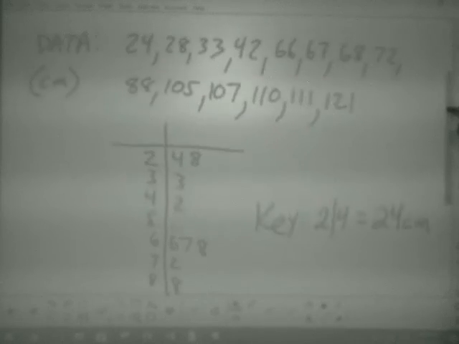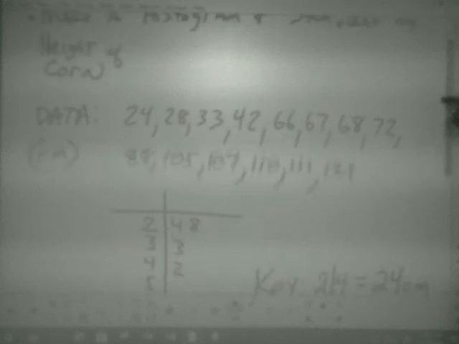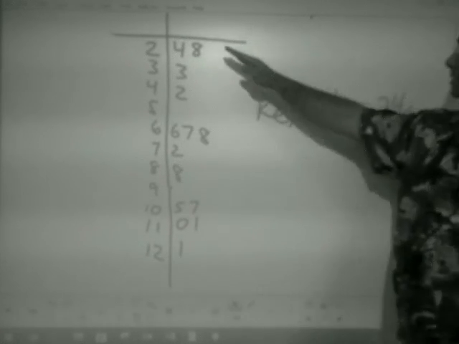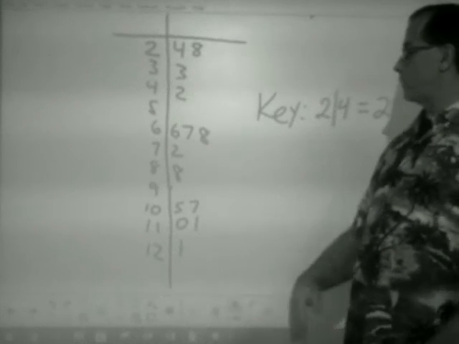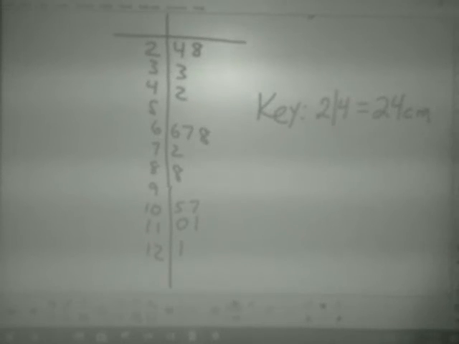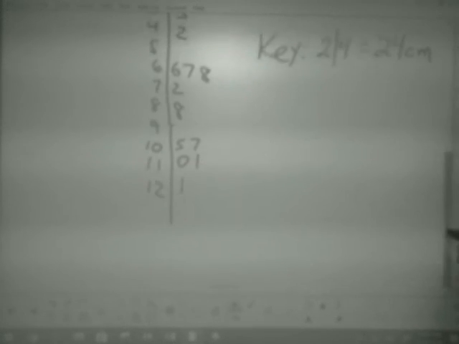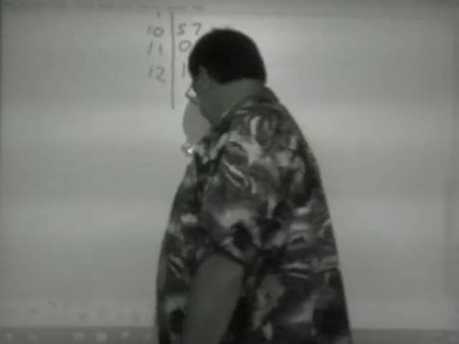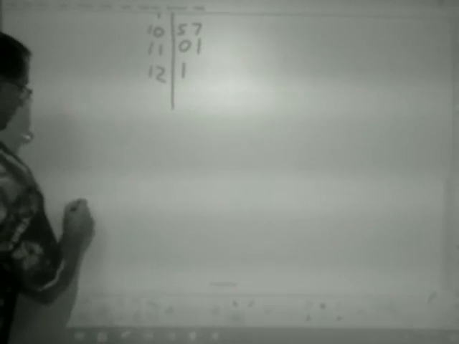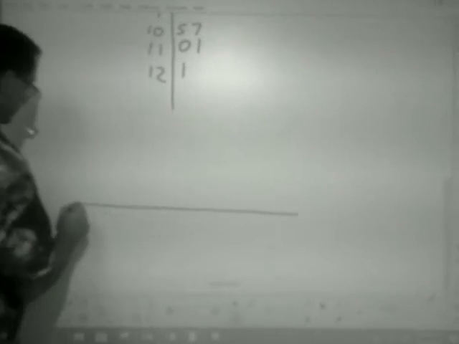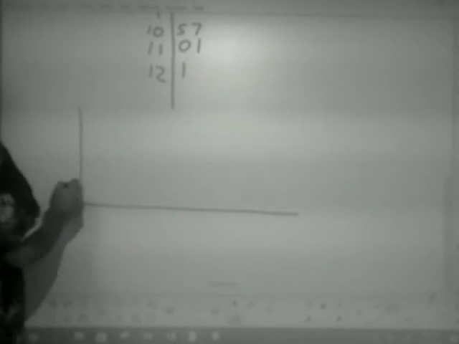But it says also make a histogram. All right, so I can use these for my histogram and just go up by tens. So let me make a histogram. I'm going to need an x-axis and a y-axis.